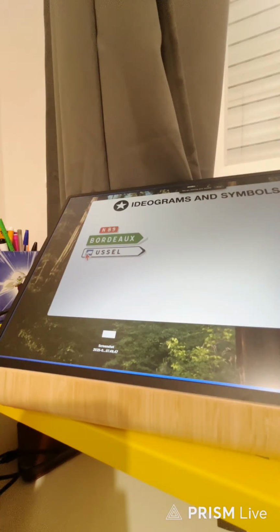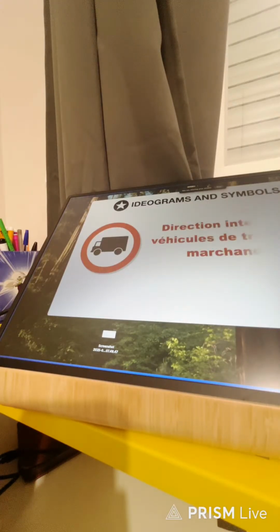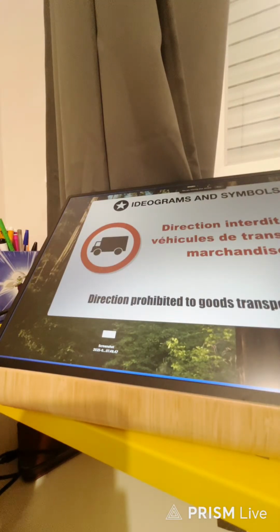But because they put the blue recommendation, it means you can take either of these two roads. But assuming it is this one that they put here, you are seeing in the panel the direction, it means they are not talking to you except if you are driving public transport goods. If not, it's not for you. If you are driving a camion, it's only that. But if you are driving your normal car, it's not talking to you. It's just for you to know who they are talking to. That's why they are putting it there, for you to know as a driver.